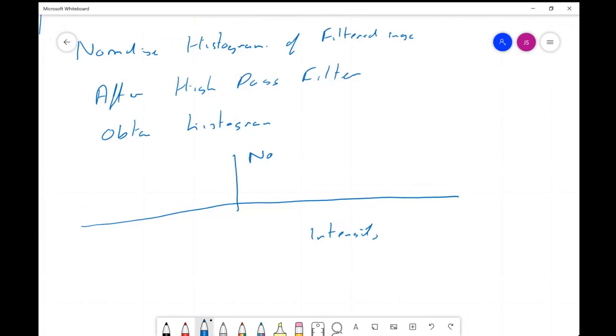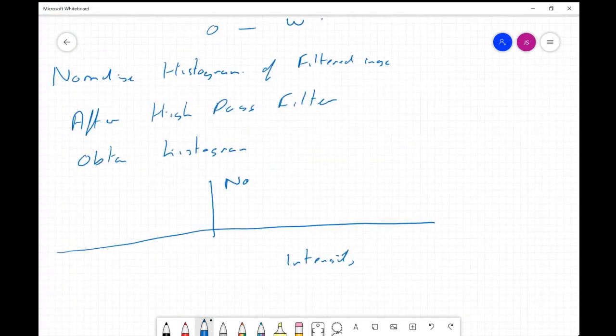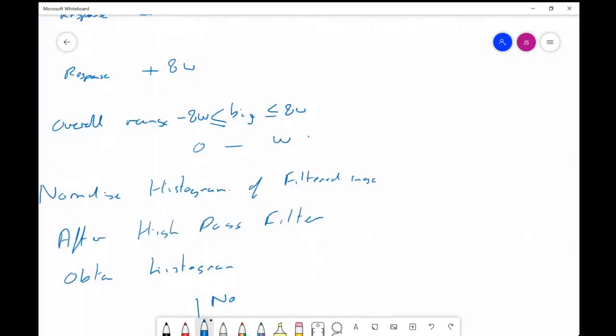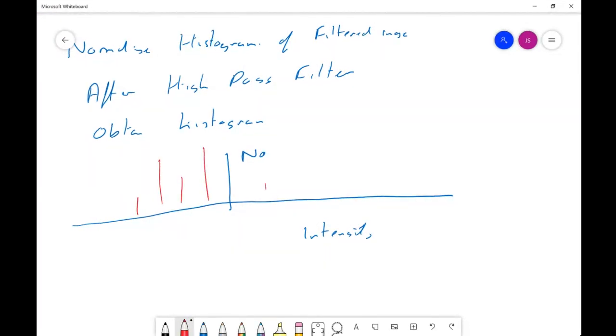Because we have so many negative weights in the window, chances are we will have negative values on the filtered image. And so we would have our histogram, which could have negative and positive values. This would be -8W, and there would be some pixels due to faults on the array stuck at -8W, and there would be some pixels stuck at +8W. And these would be ignored.